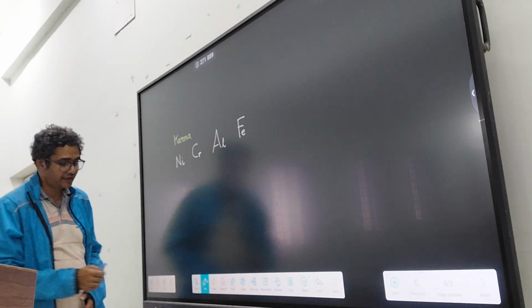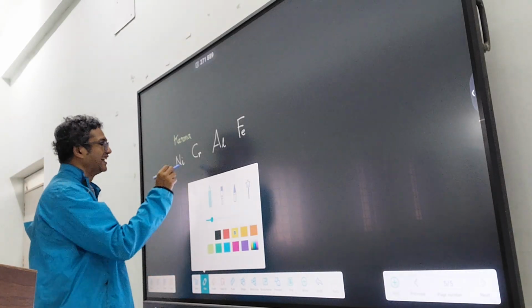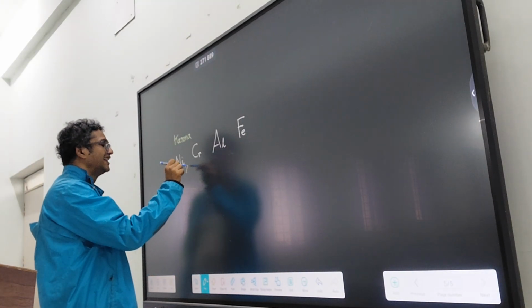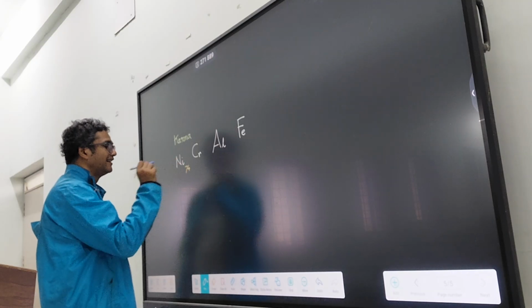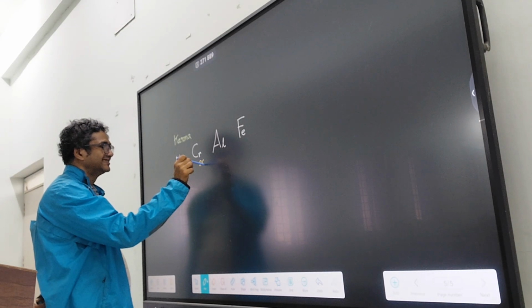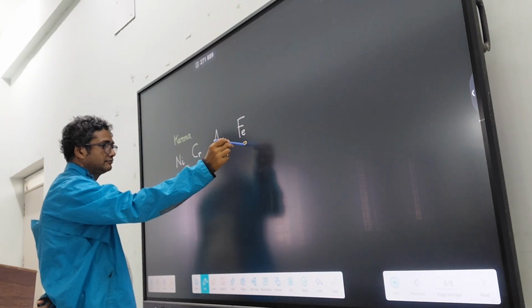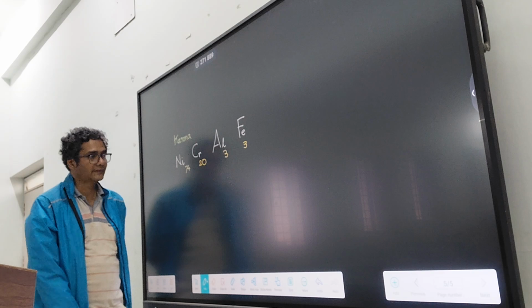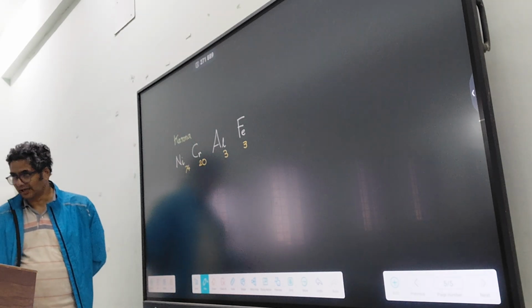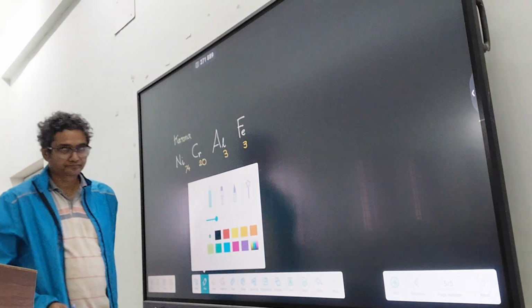Nickel is 74%, chromium is 20%, and the remaining 3 is carbon.